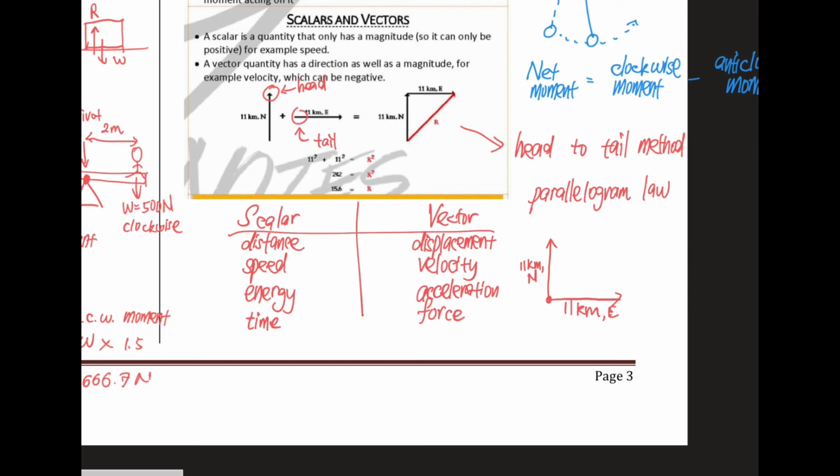You see, we don't use head to tail, we start from the same point. Then imagine this will form a parallelogram in this particular way. It's actually a square for this case. Then you draw a diagonal from the same starting point, and that is the resultant or the displacement. So this is the alternative way to find the resultant.